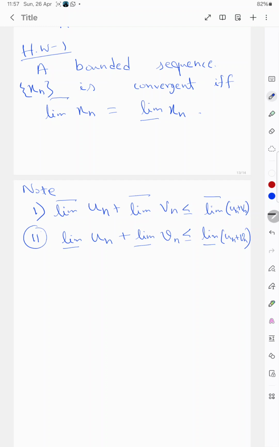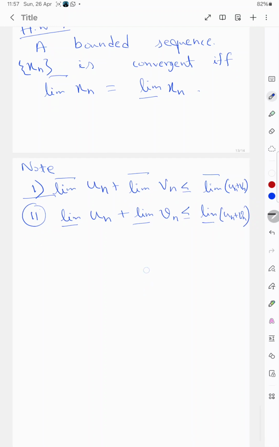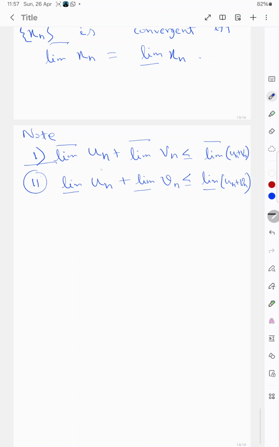So how is this type of question asked? Suppose they will give you which of the following is true, then option 1, option 2, option 3, option 4, and they will change the sign. Then you have to see the answer. If you consider their sum and take the limit supremum, then that will be larger.